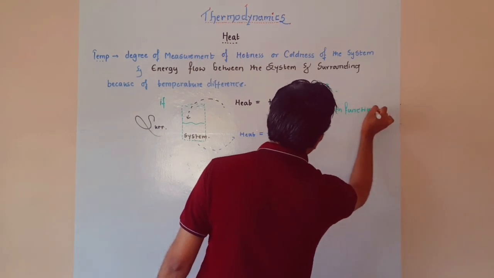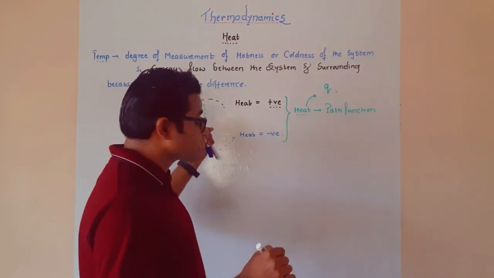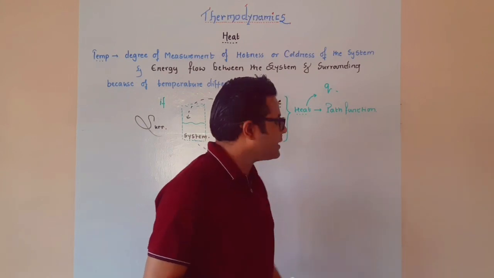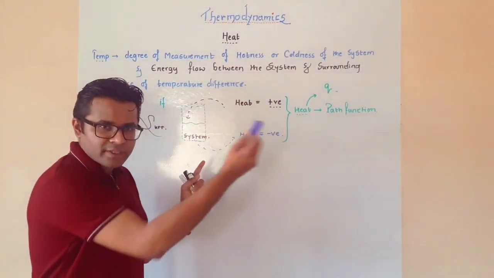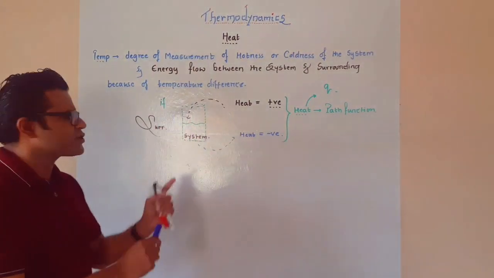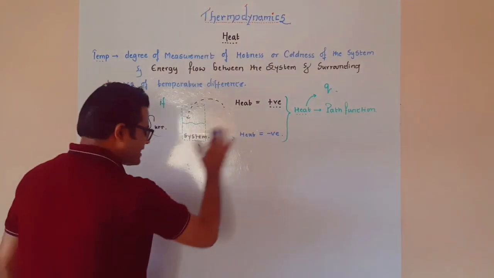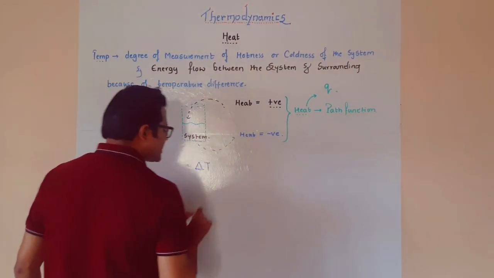That means it depends upon the particular path followed by the system in order to achieve that point. So whether it is the heat transfer or the heat exchanged between the system and the surroundings, let us say that when there is an exchange of heat, delta T is the change in temperature.